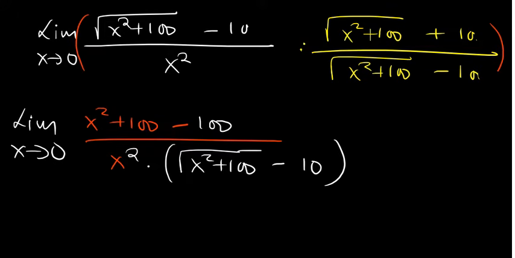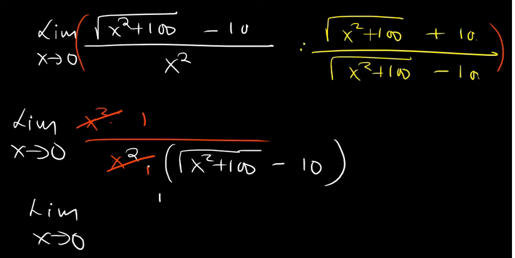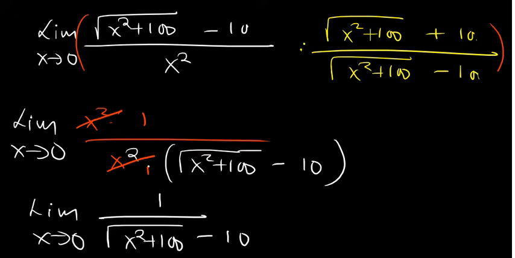So clearly this is going to divide, and then we'll have this and this dividing, giving us a 1. So we have the limit as x approaches 0 of 1 over the root of x squared plus 100 plus 10. So you can now substitute with no issues.